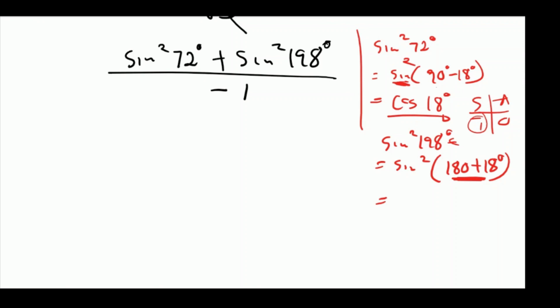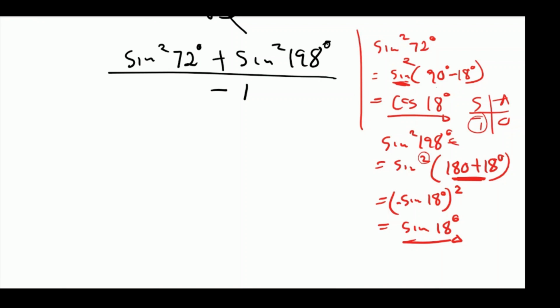So you're going to have sine of 18 degrees, but it's negative, but you know that this thing is to the power squared, meaning that it's going to be positive sine of 18 degrees. So this would be your answer for this expression.